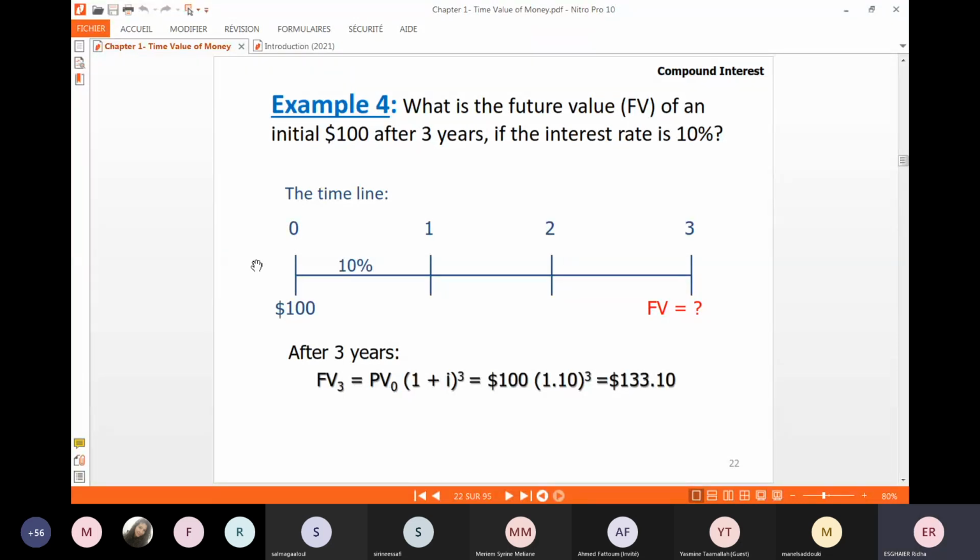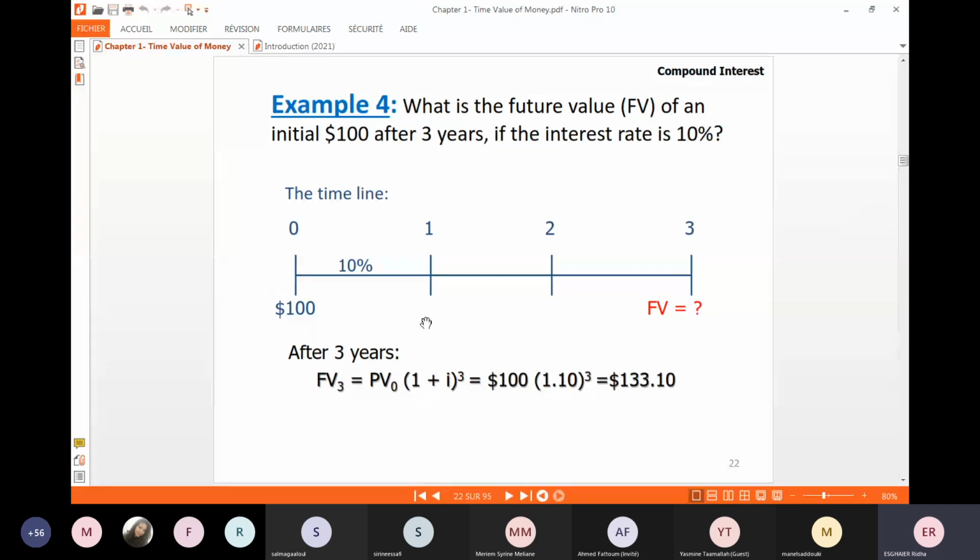Then these 100 times 1 plus 10% will generate 12% interest during the second year. So you multiply 100 times 1 plus 10% by 1 plus 12%, another year of interest. Then 100 times 1 plus 10% times 1 plus 12% multiplied by 1 plus 9%, the interest rate of the third year.